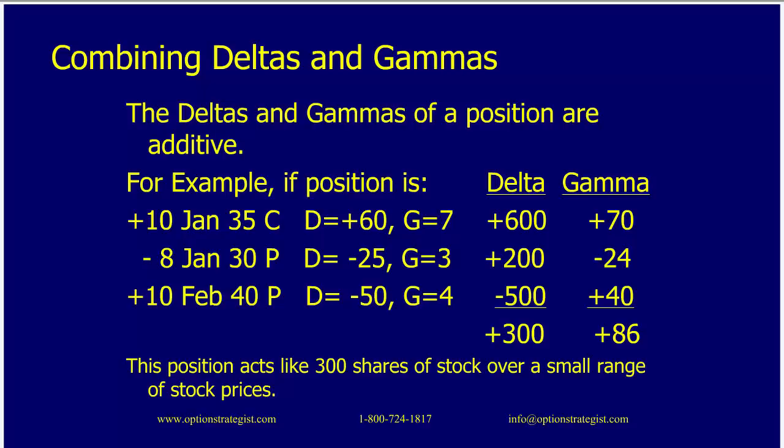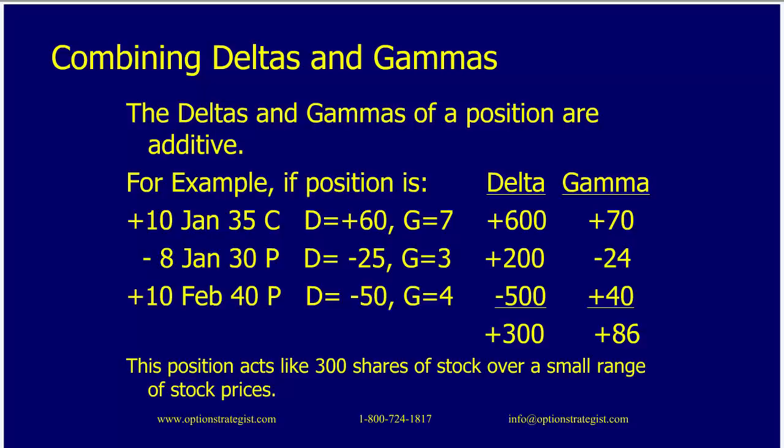So if I'm long 10 of the Jan 35 calls with a delta of 60 and a gamma of 7, my position delta for that would be 600 deltas, the 10 contracts times 60 deltas, or 600, and my gamma is the 10 times 7 for 70.